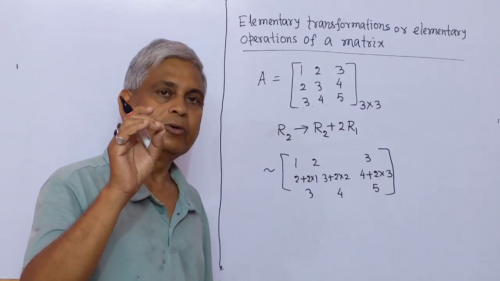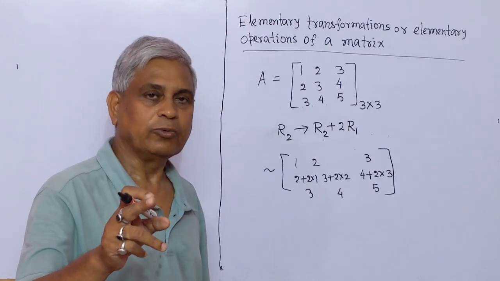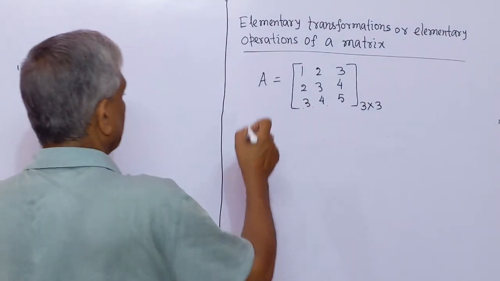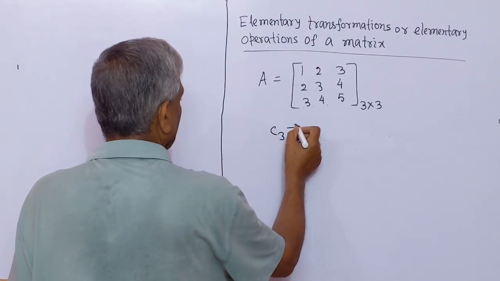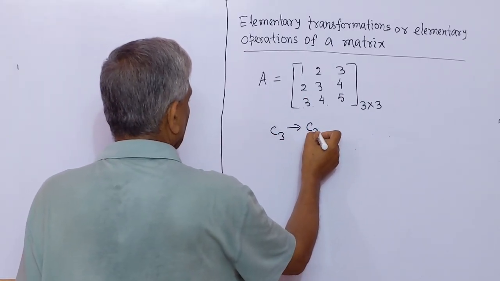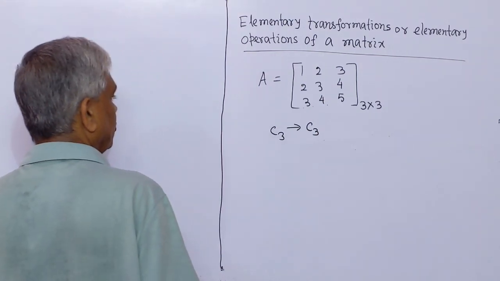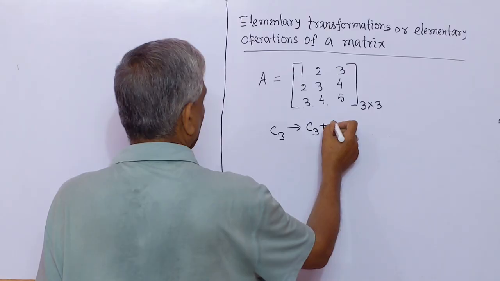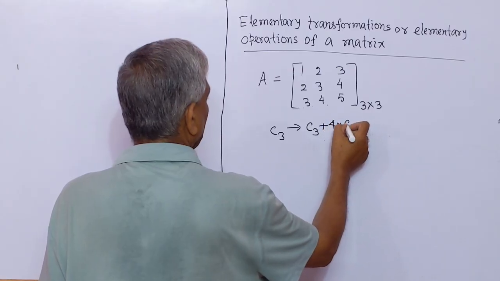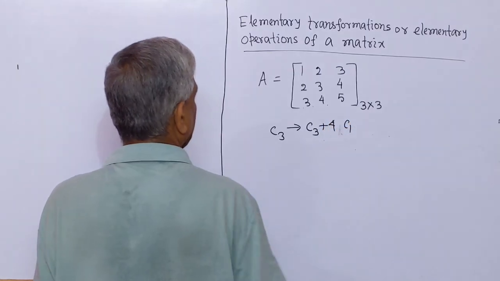Or we may do this type of operation with columns. Let us, in the position of column 3, add column 3 plus 4 times column 1, 4C1.